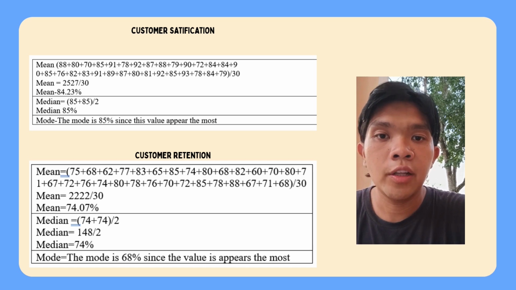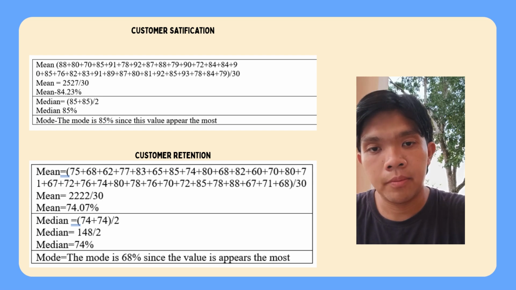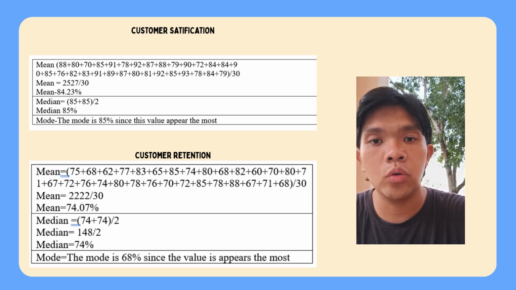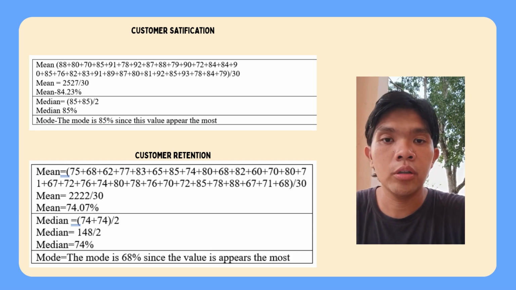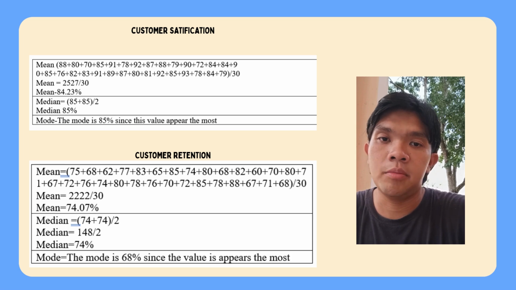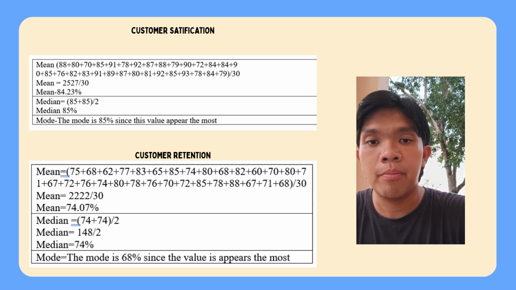So the 15th and 16th values are 85%. So 85 plus 85 divided by 2, we will get 85%. While for the mode of the customer satisfaction, we will get 85%, since the value 85% is the value that appears most.